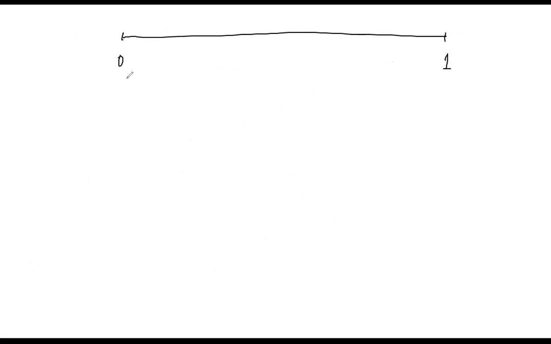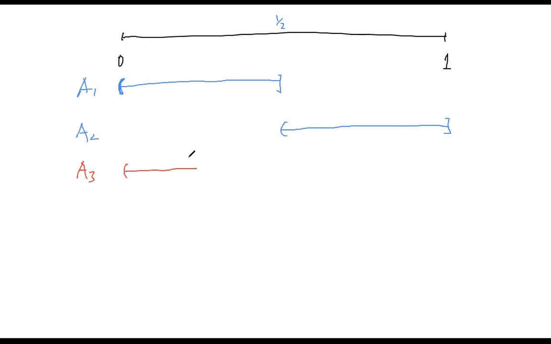And you make the following sets. You make this set from 0 until 1/2. This is your A1. For set A2, you take from 1/2 to 1. Then when you do A3, you take from 0 until 1/4. For A4, you take from 1/4 until 1/2.